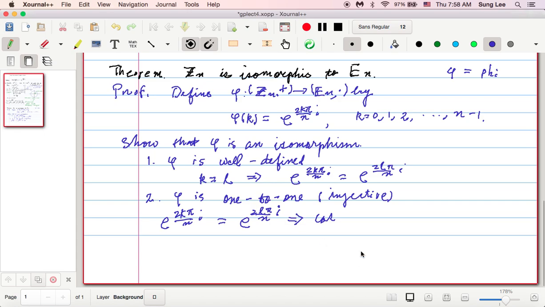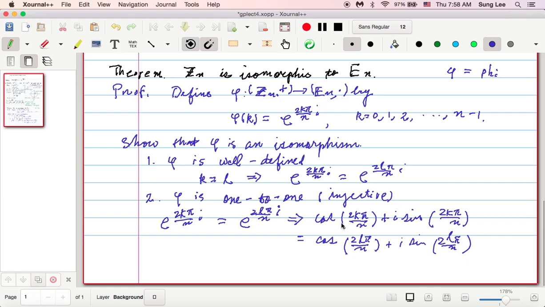Anyway, using Euler's formula, the left hand side is cosine 2k pi over n plus i times sine of 2k pi over n, and that equals the right hand side, cosine 2l pi over n plus i times sine 2l pi over n.